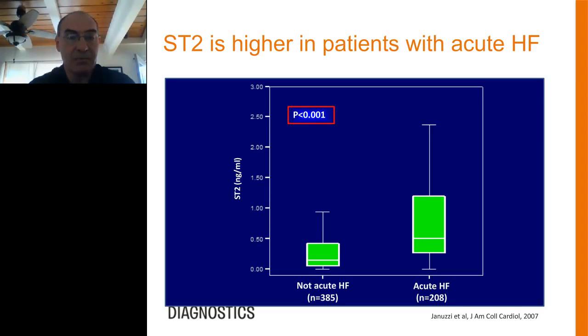There's a test based around natriuretic peptides. There's two different forms, BNP and NT-proBNP. That's not important for this discussion, but those tests actually work really well for diagnosis of acute heart failure. So our first pass, when we looked at this, there's a signal, but it's not better than an existing test. So when you think about your business case, there would probably not be reasonable justification to pursue ST2 as a heart failure diagnostic test because it's not superior to an existing well-established product.